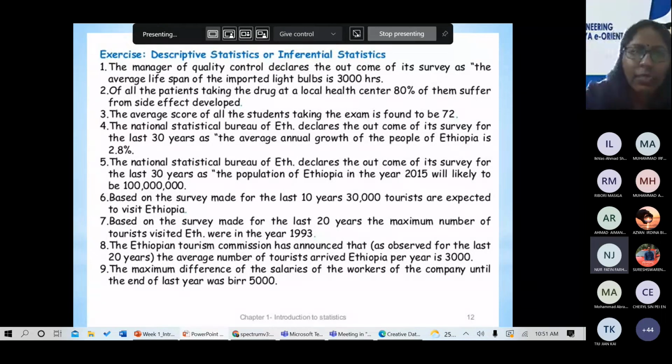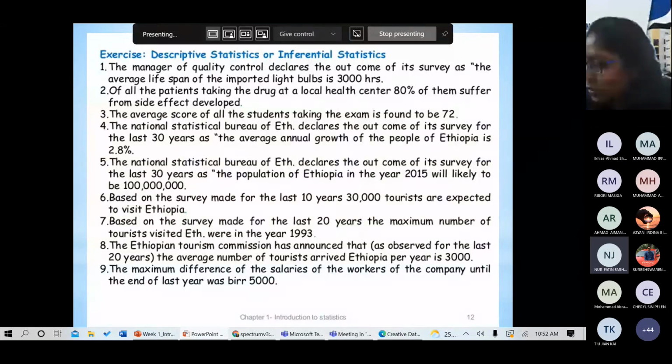They just say the average score for all the students is 72. Since they took all students, it looks like descriptive, but because it's all the students, it looks like it's inferential, because it means all students have taken the exam and their average is 72.